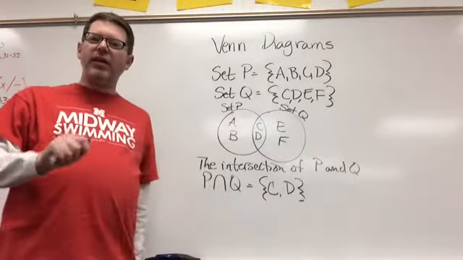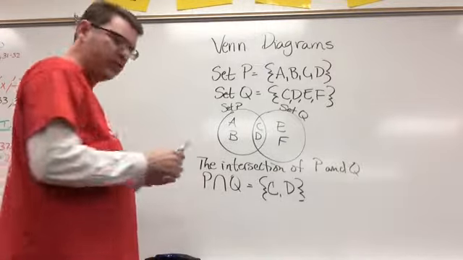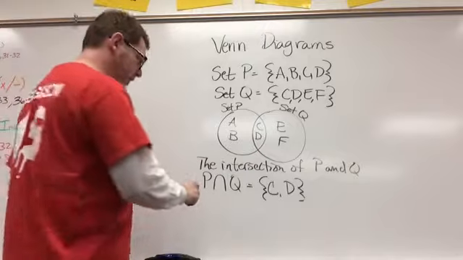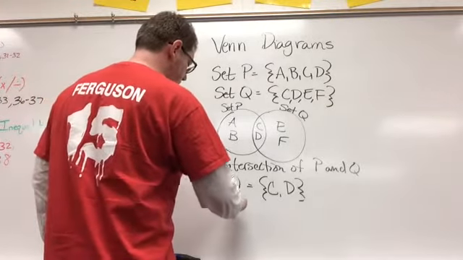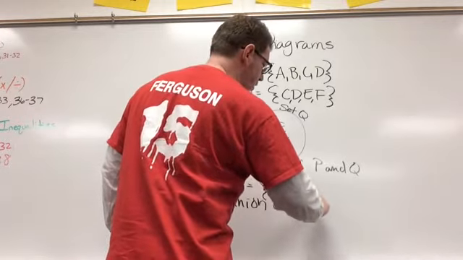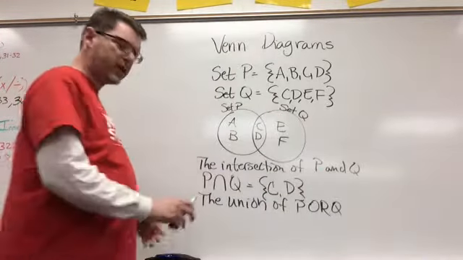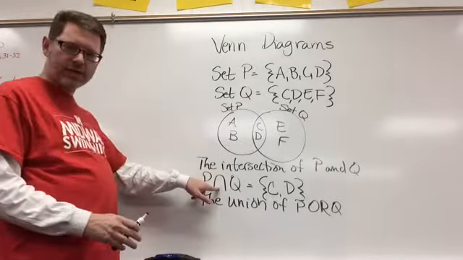Which are in P or Q, and P or Q would be the union. So the union of P or Q is written with an upside down symbol.